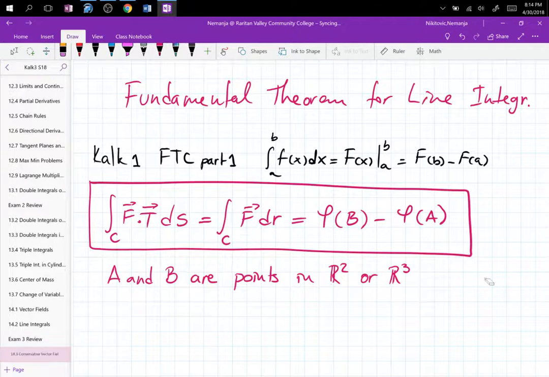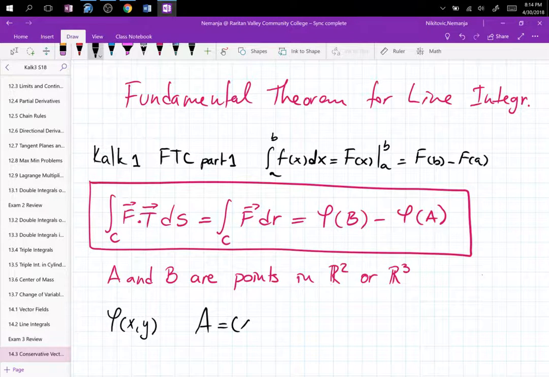Remember what phi is, guys. Phi is a function of x and y. And a is a point x, y, say, I don't know, 3, 2.